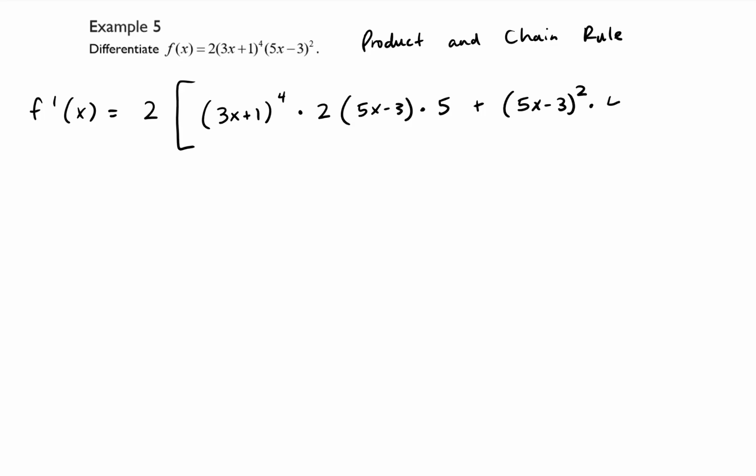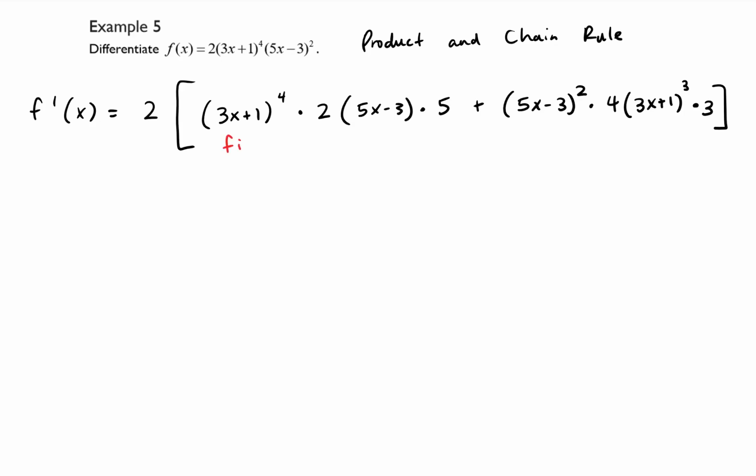So I'm going to bring down the 4, and I have 3x plus 1 to the third power, and now I need to multiply by the derivative of the inner function, or the u function. So 3x plus 1, if I take the derivative of that, that gives me 3, and then I can close off the parentheses. Just if I write this out, maybe this will be helpful.